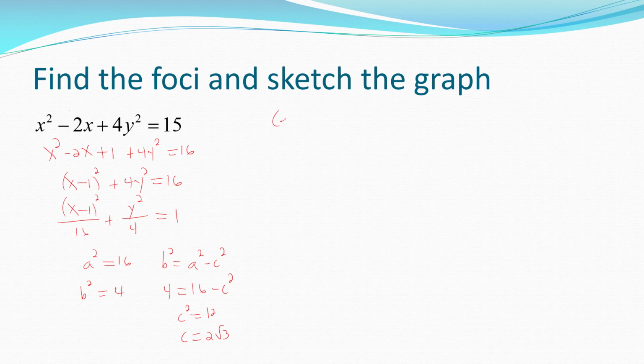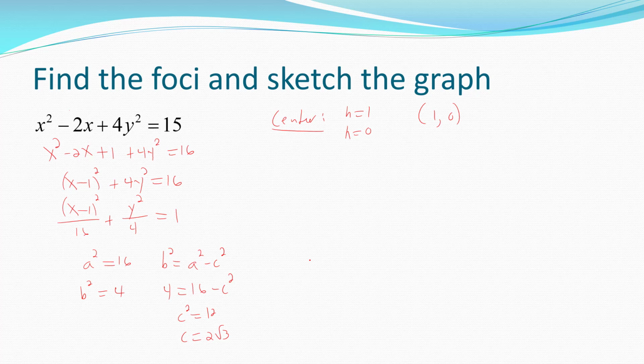First, the center. The center, you have h comma k. The h here is 1. Remember, it's x minus h, so this is the opposite of h. So h is 1, and k is 0. So the center is at 1 comma 0.